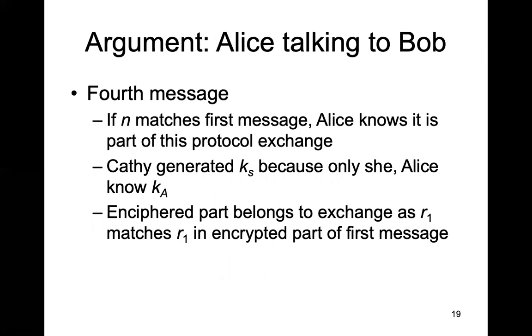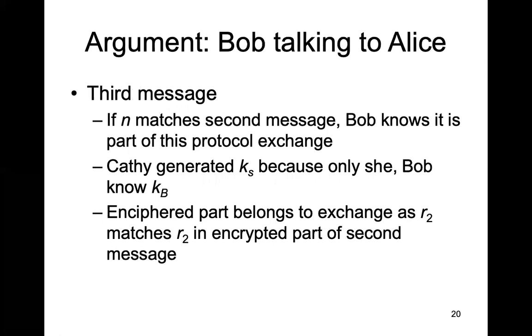That's the security argument from Alice's perspective. From Bob's perspective, in the third message, if the N matches the second message, Bob knows it's part of the same protocol exchange. And he also knows that key KS was generated by Kathy because only she and Bob know this key KB. And he also knows that the encrypted part belongs to the exchange because R2 matches the encrypted part in the second message. So that's the argument from Bob's point of view.